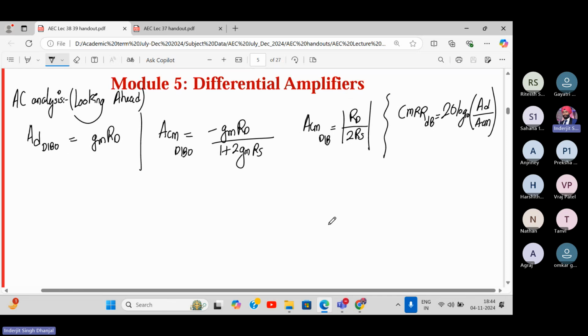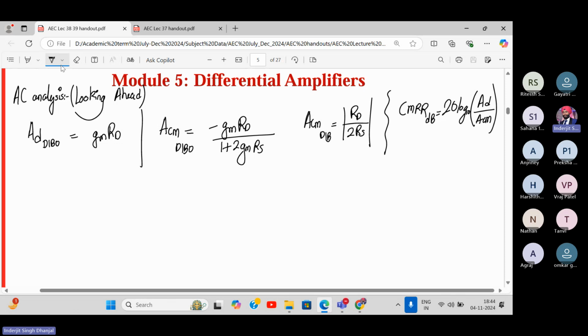So this is the summary of formulas for DIBO configuration. Okay. I'll give you the summary of formulas for DIUO configuration. So write down the formulas.